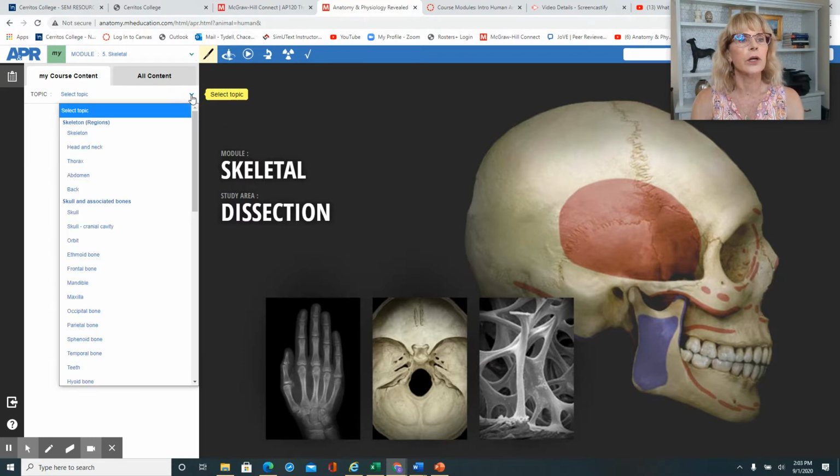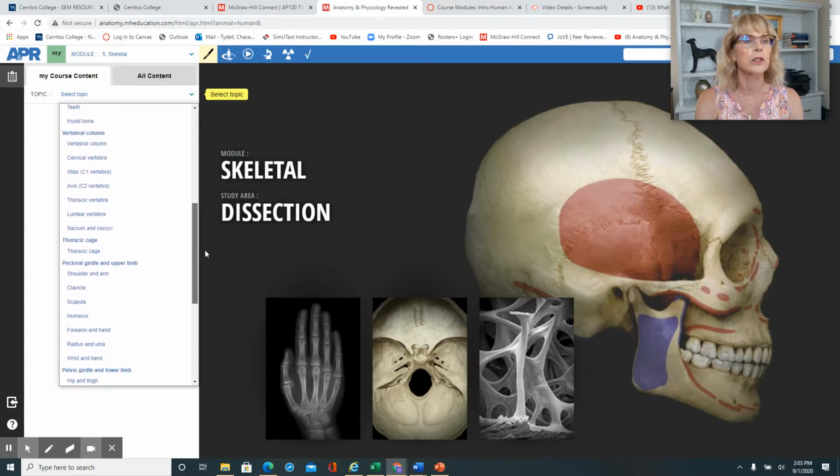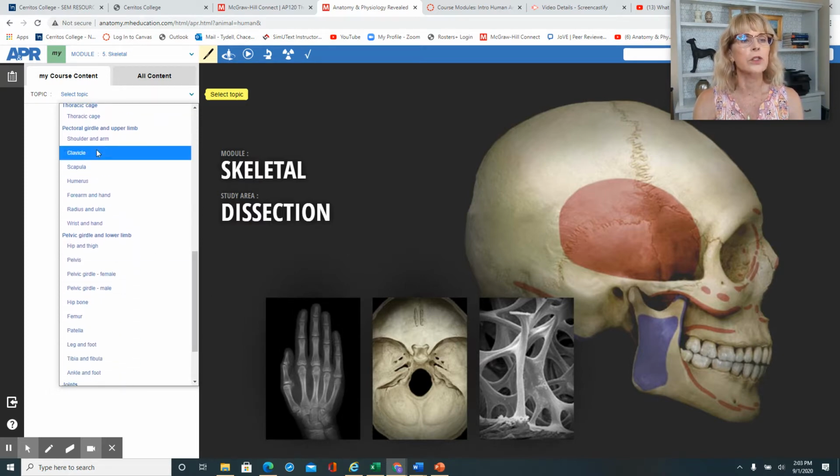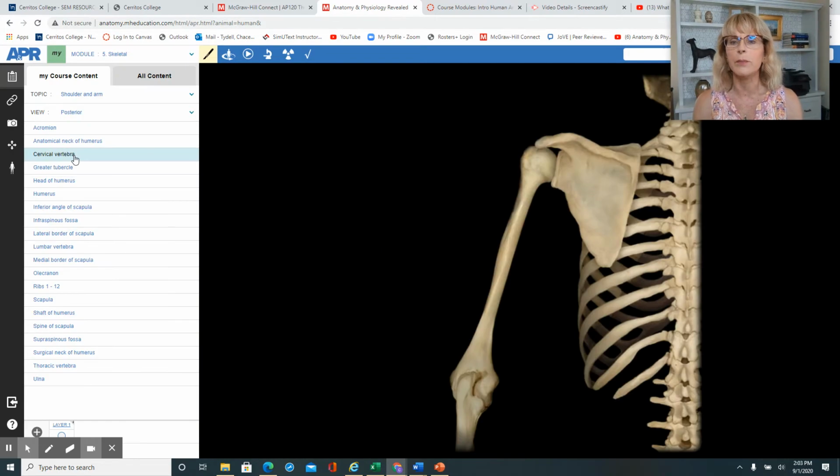Now it wants us to select a topic, and we are doing arms and legs, so there's no need to look at all of the skull, right? Let's go to the pectoral girdle, shoulder and arm, and we want to look at it from the front or from the back. Let's look at it from the back. Boom, here you go, okay?